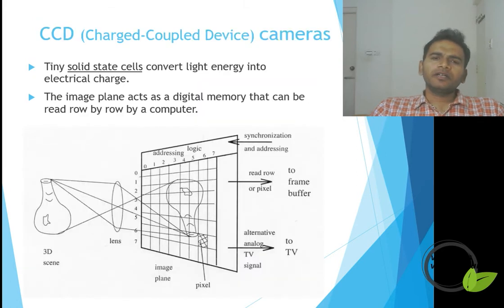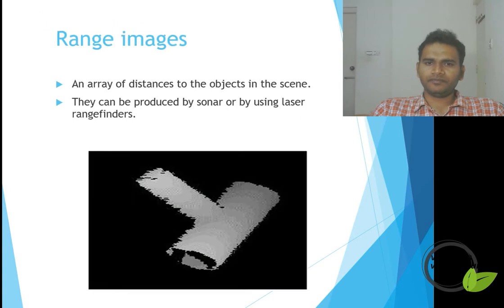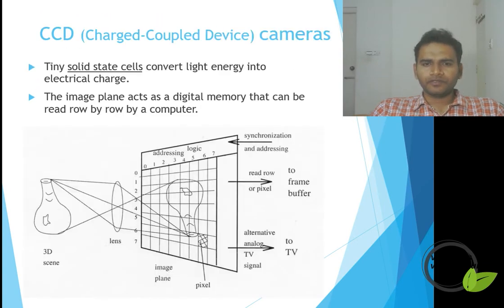Now we'll talk about the sensors that are used to produce all these images. The first one is the CCD camera, which is very popular. It has tiny solid state cells, which are very low level sensors arranged in a matrix form.